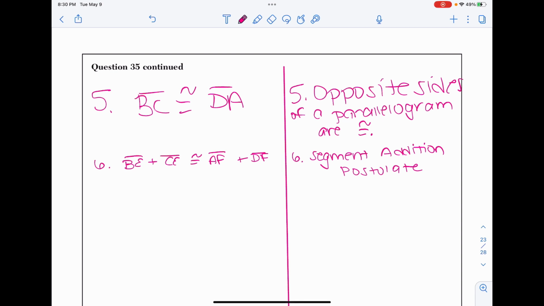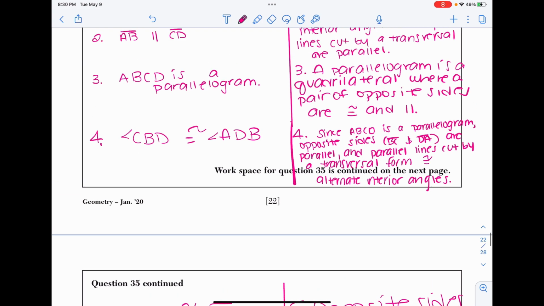Okay, and they're two pairs of congruent segments. And that means that BE must be congruent to DF, and that's by the subtraction property or subtraction postulate.